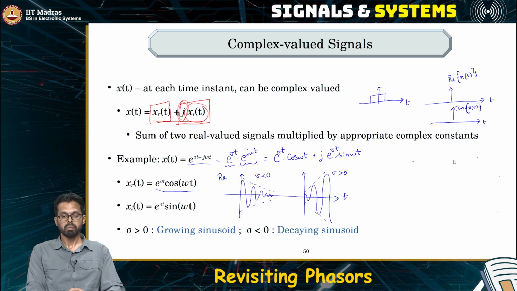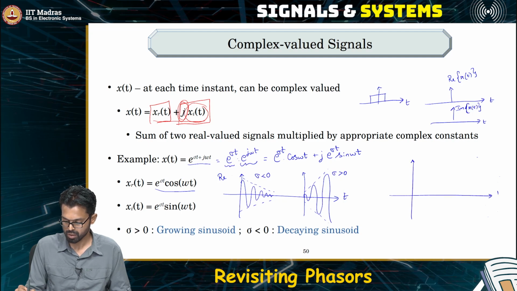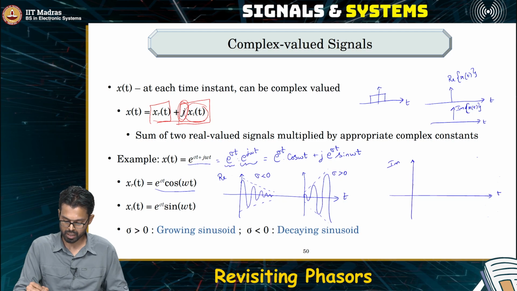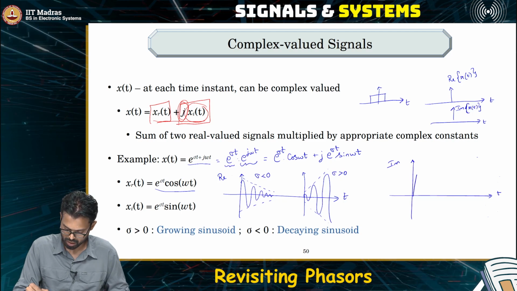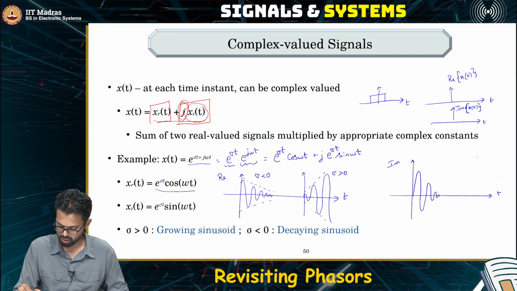Now, what about the imaginary part? It's the same thing, the only thing that is different is that instead of cos, we have sine. So it starts at 0.